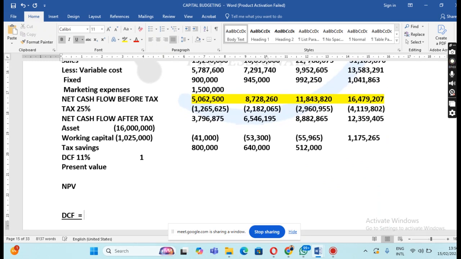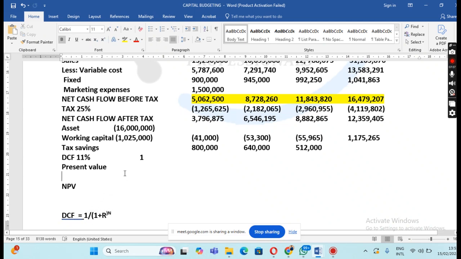It equals 1 divided by (1 plus r) raised to the power of n, or (1 plus r) raised to the power of minus n. It's just mathematics, so whichever way, we move on with that.